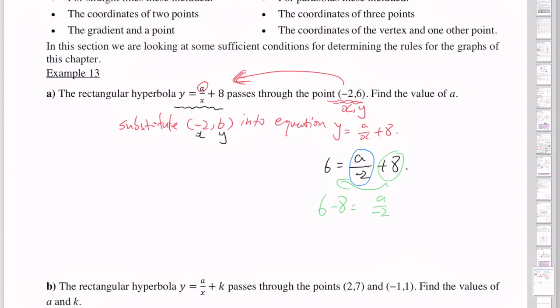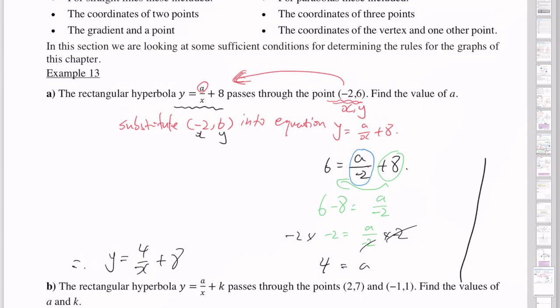Now the left hand side is -2, equal to a over -2. To find the value of a, we need to get rid of the division by -2, so we do the opposite, times -2 on both sides, so that we can cancel out, and that gives a equal to 4. Therefore my equation y equal to a over x plus 8, with a as 4, is y equal to 4 over x plus 8, and we have determined the rule by finding the value of a.